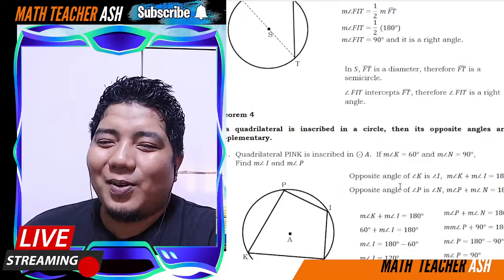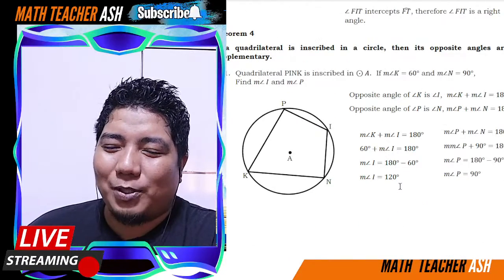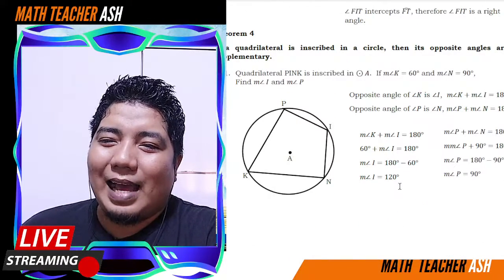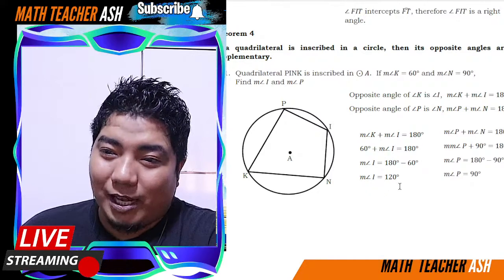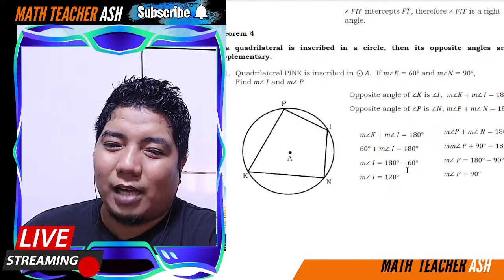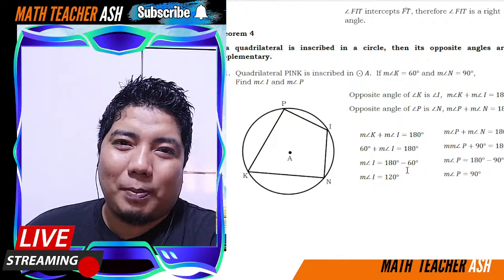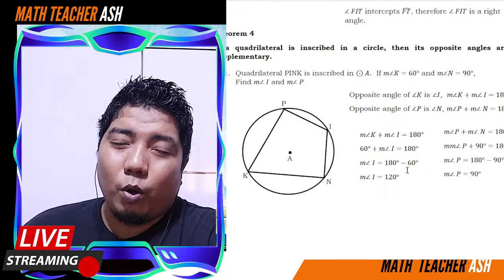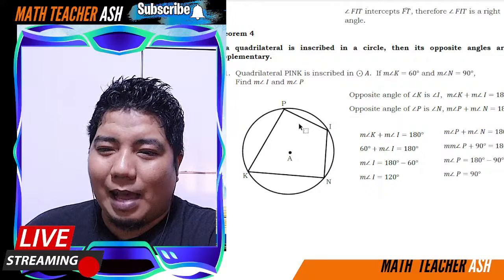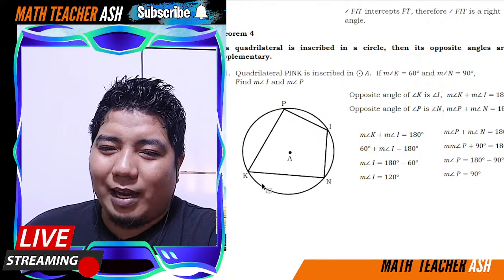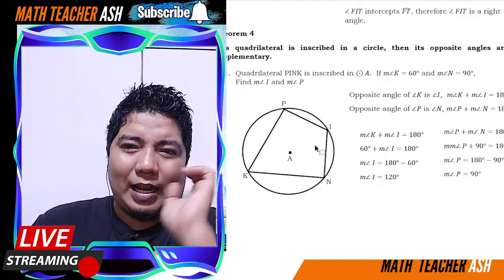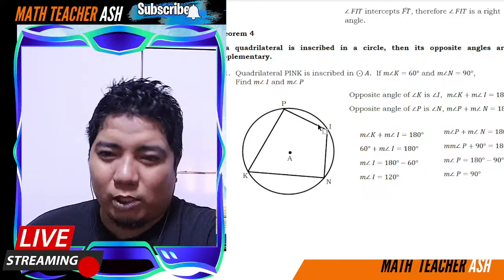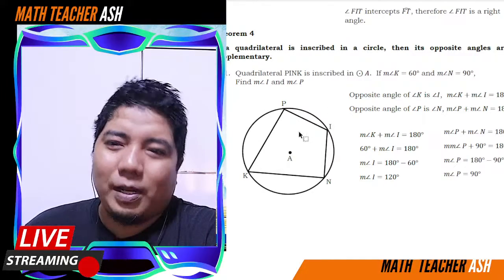Easy, right? Okay, so let us go to our theorem number 4. If a quadrilateral is inscribed in a circle, then its opposite angles are supplementary. When we say supplementary, pag i-add mo sila, they are equal to 180 degrees. Example, we have here our quadrilateral. Hindi sinabi anong klaseng quadrilateral ito. Basta 4 sides. Quadrilateral yan siya. Nasa loob ng isang circle.